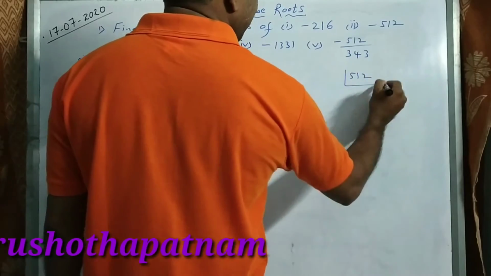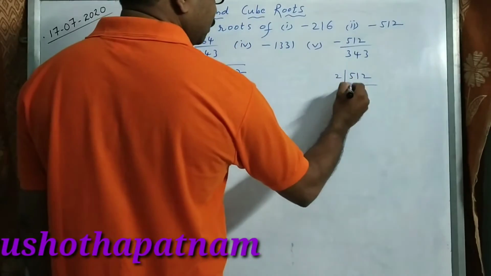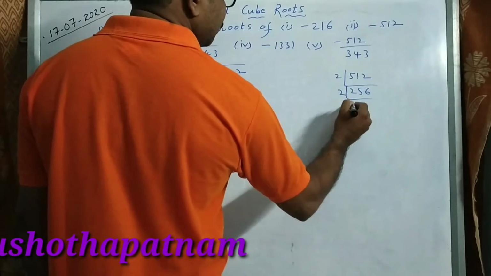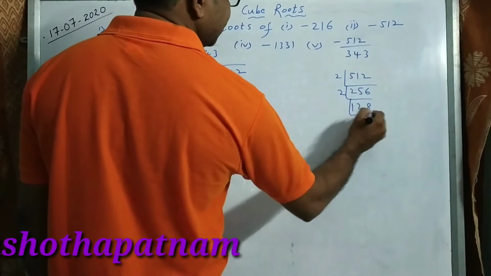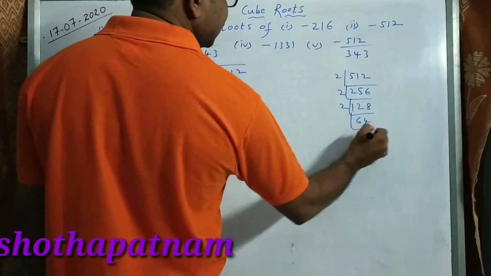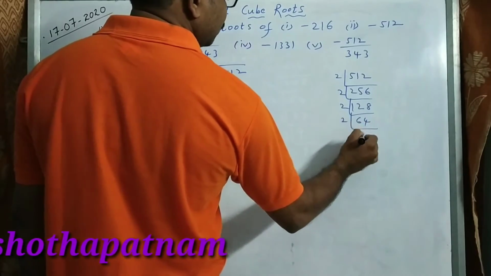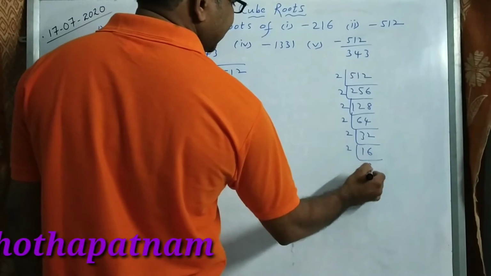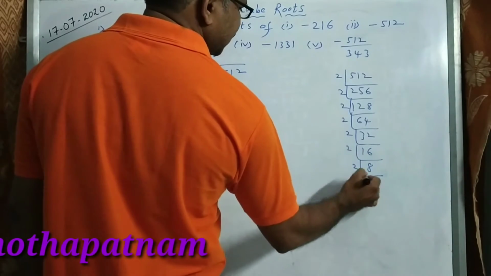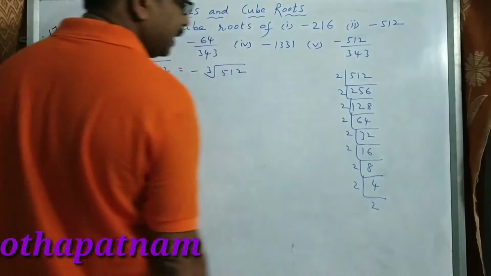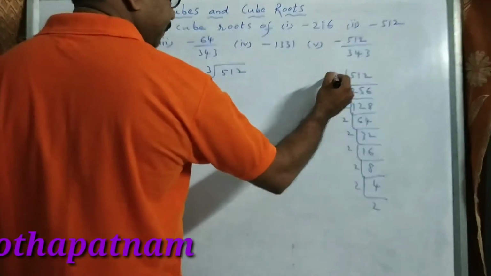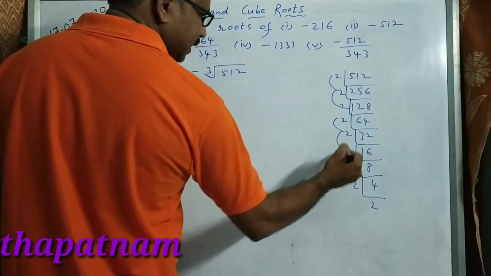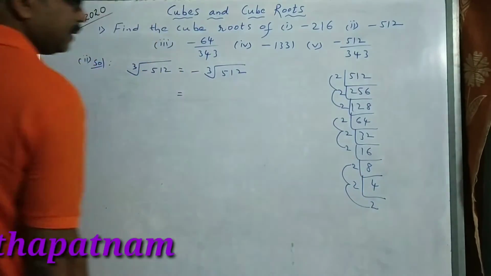Now split 512: 2 twos are 4, 2 fours are 8, 2 eights are 16, 2 sixteens are 32, 2 thirty-twos are 64, and so on. Only prime numbers you must use. 1, 2, 3, one triplet; 1, 2, 3, triplet; 1, 2, 3, triplet.